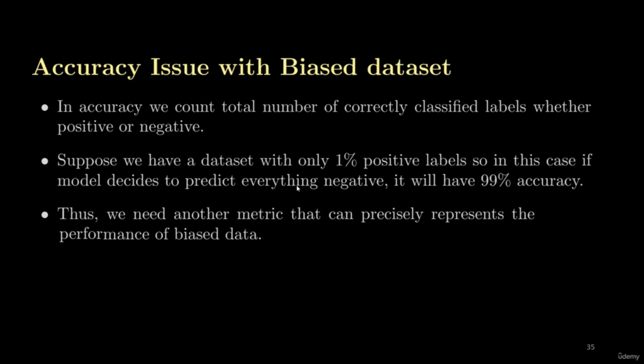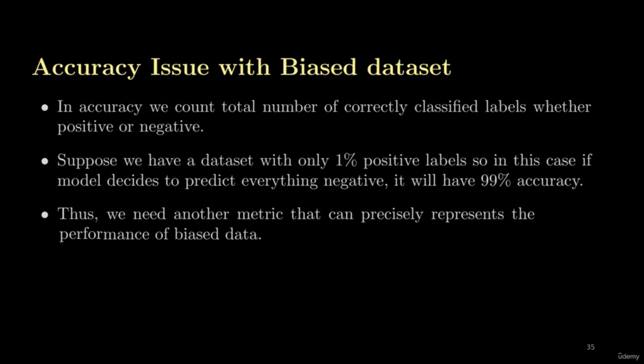If I give a test sample to a model and that test sample is a positively labeled sample, but the model has decided that it will produce a negative prediction for any kind of input, even then its accuracy will be 99%. So if the data set is biased, accuracy is not a precise representation of the performance of a model.